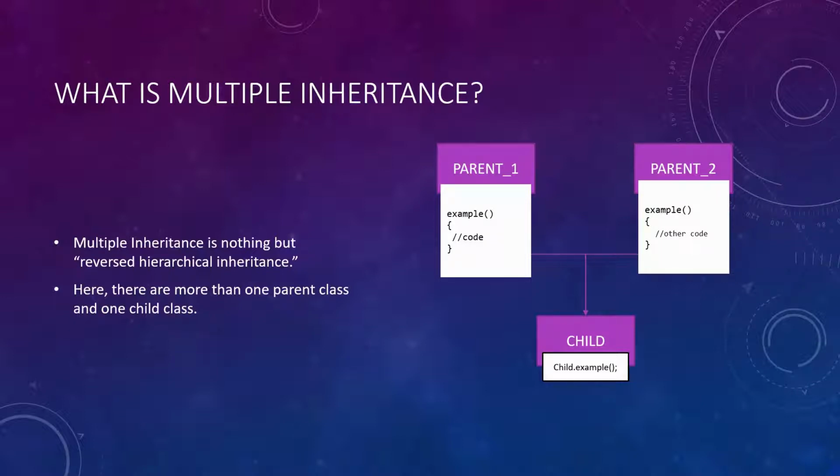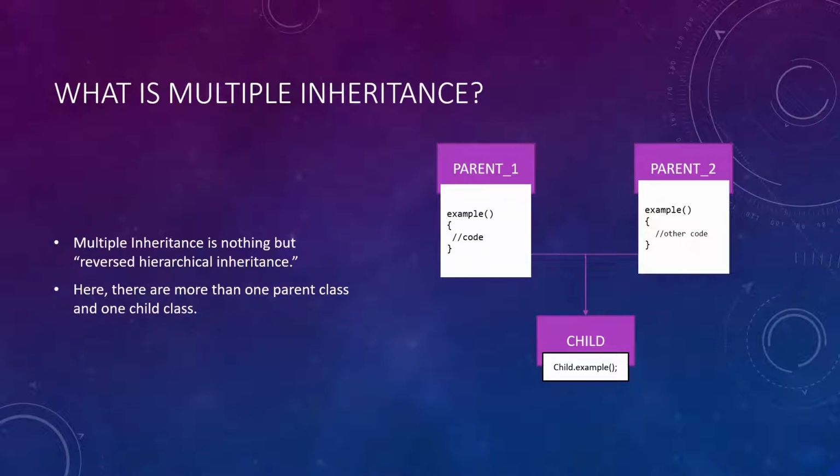Which method will be executed, or which method will be called for the child class? To avoid this completely, they removed multiple inheritance, but we can achieve it alternatively, indirectly, if you know what I'm saying.